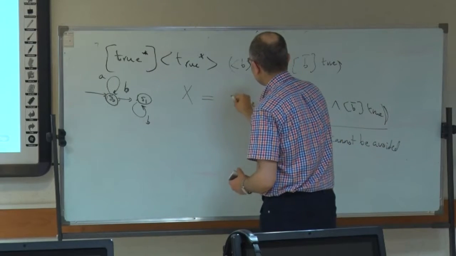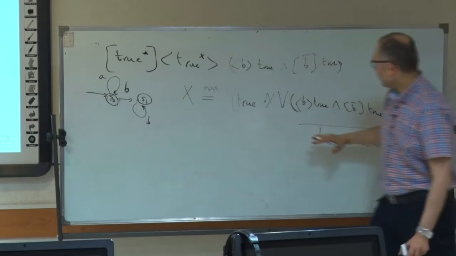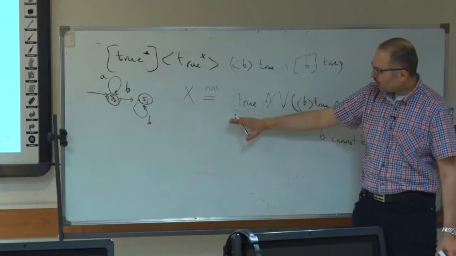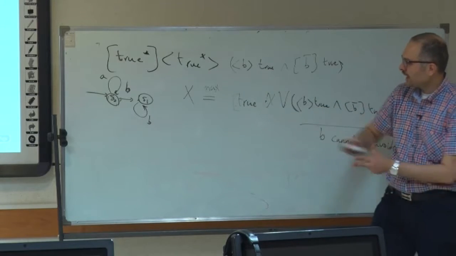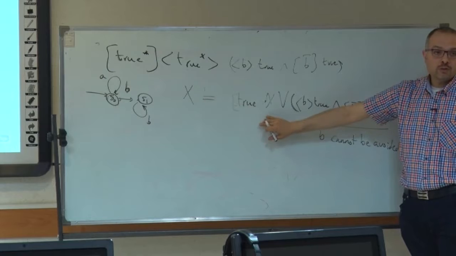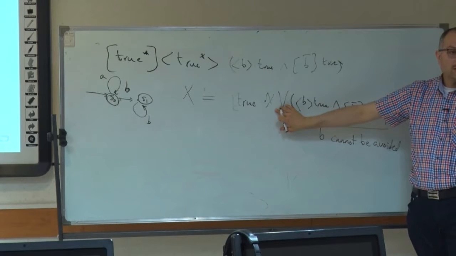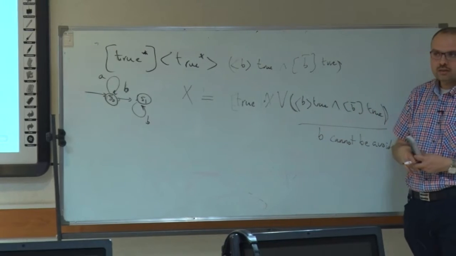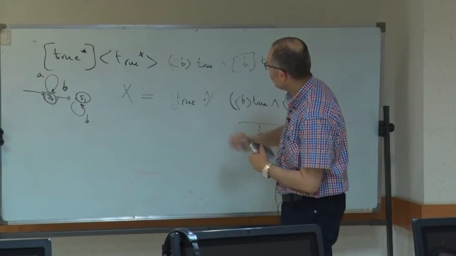I'm changing things on the spot, I'm sorry. So either B cannot be avoided right now, or no matter how I evolve, I will end up in a state in which X is satisfied. Okay? So no matter how I evolve, no matter how I do something, I will end up in X. Okay? Does that make intuitive sense? Even better with this.